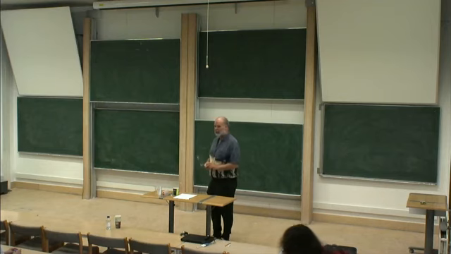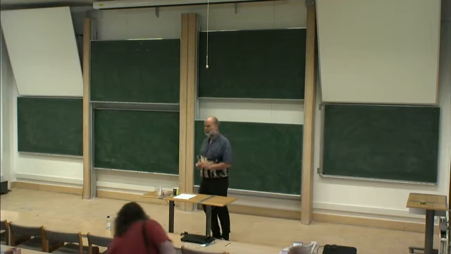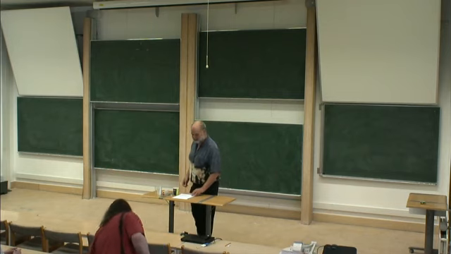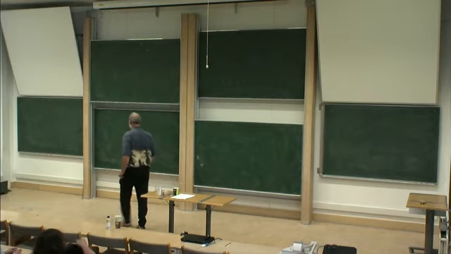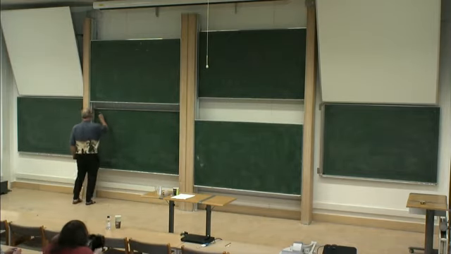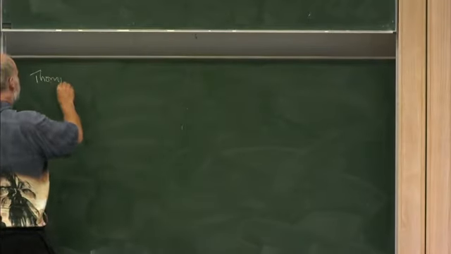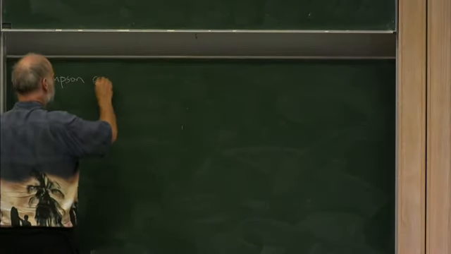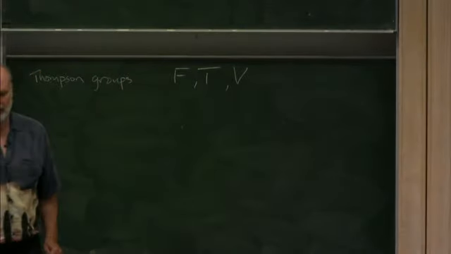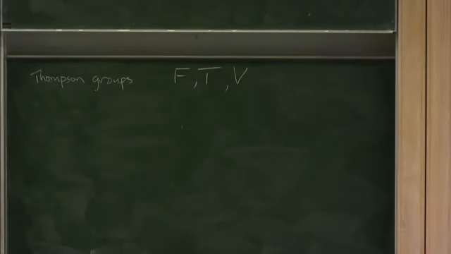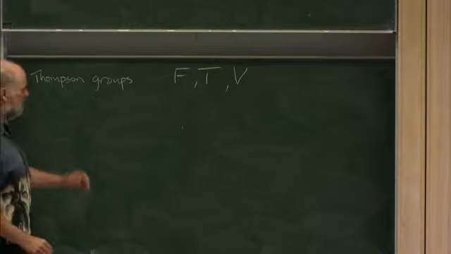So there's been a lot of talk of Thompson groups and maybe even a few definitions. So I just want to quickly go over the Thompson group definitions. I'm mostly going to be working with F today, but T will be around and V is even further, more peripheral.